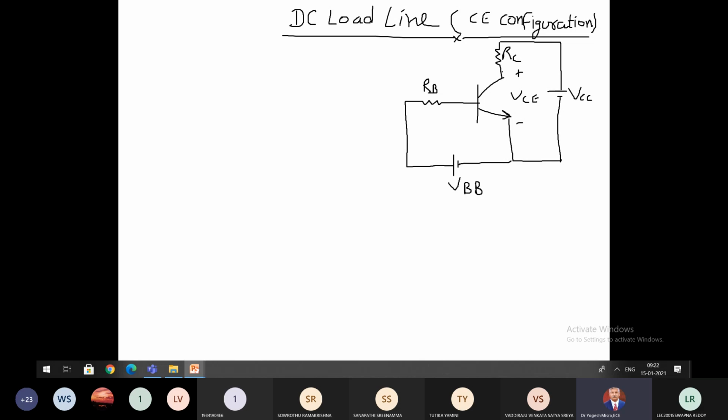So now through the collector we find a current is flowing, that is your IC. Through the base we find a current IB, and through the emitter we find a current IE.